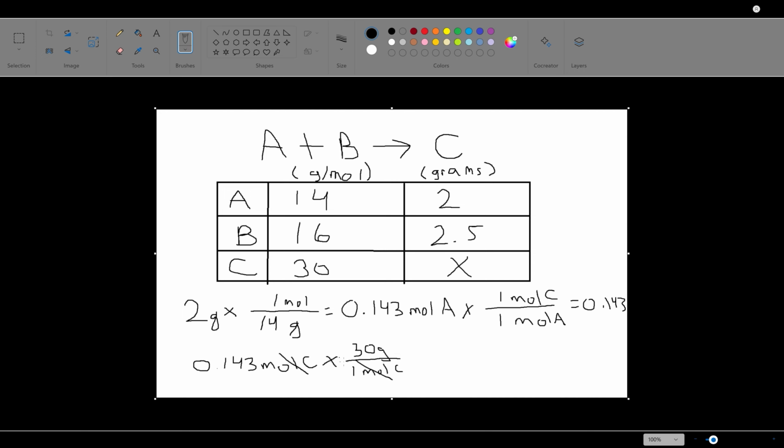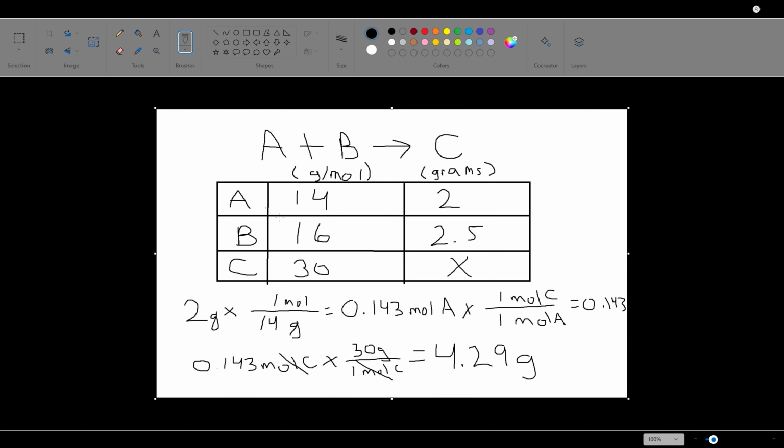We just get 30 times 0.143. So that would get us 4.29 grams. So from A, we would get 4.29 grams of product from this reaction.